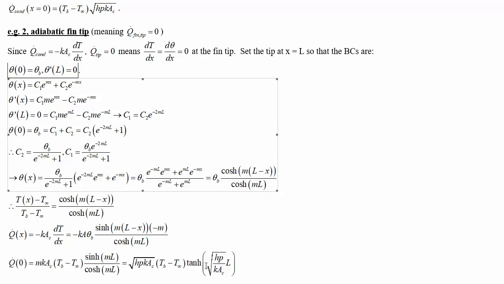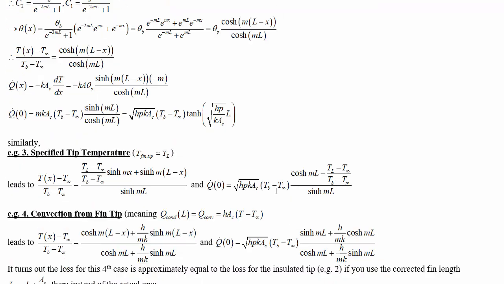Now, as you would expect when you take L towards infinity, in this tanh term, you limit towards 1, and that means that the heat dissipated by an adiabatic fin tip case in the limit that L goes to infinity limits to the same as the infinitely long fin, as you would expect.